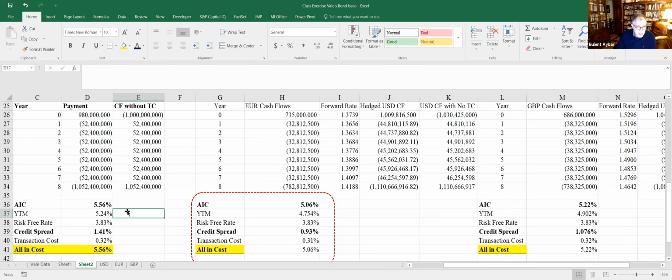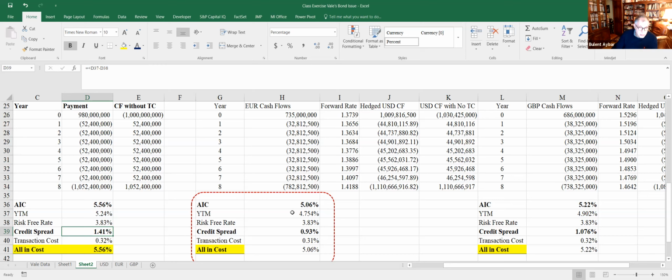Actually, we just extracted the credit spread for this borrowing from the investor's perspective as 1.41%. So investors, when they invest in Vale's dollar-denominated bonds, are demanding a 1.41% default risk premium or credit spread.